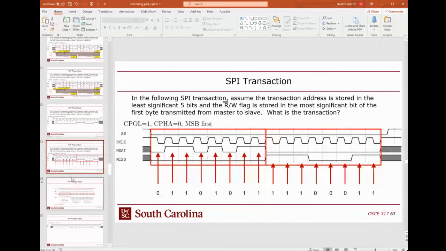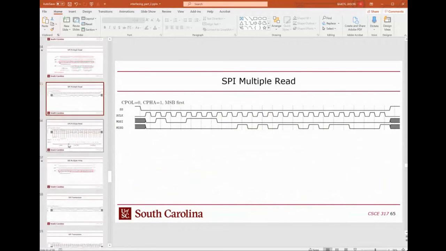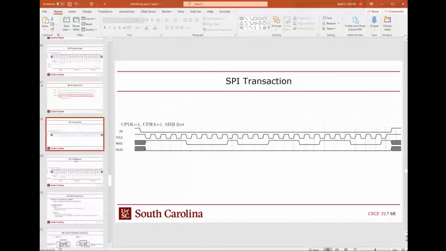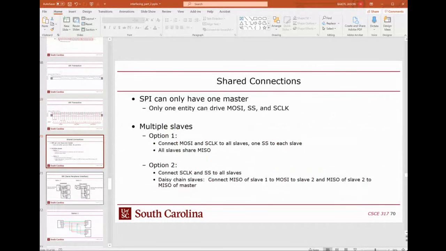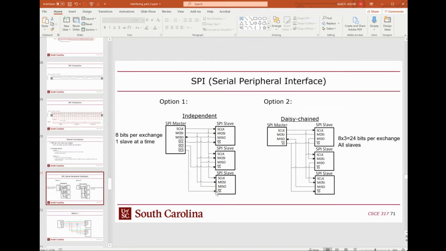Okay, so yeah, just move ahead here. Okay, and we talked about shared connections. So what if you want multiple slaves? You can only have one master, but you can have multiple slaves. There's different ways to do that. You can have the slaves independent on their own slave select lines, or you can have them daisy chained, where each slave passes its MISO value to the MOSI of the next slave down the line.